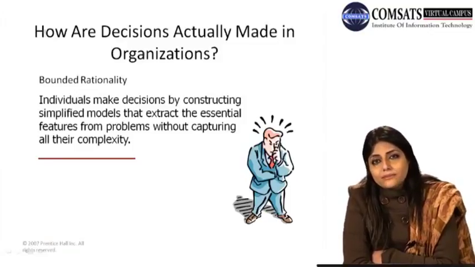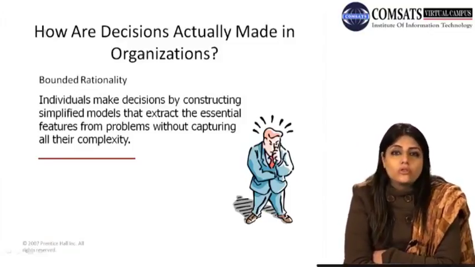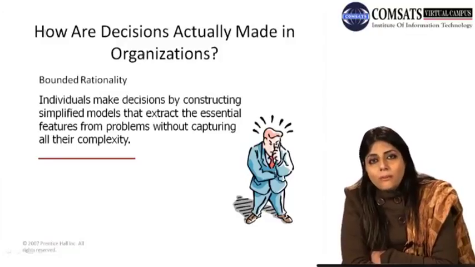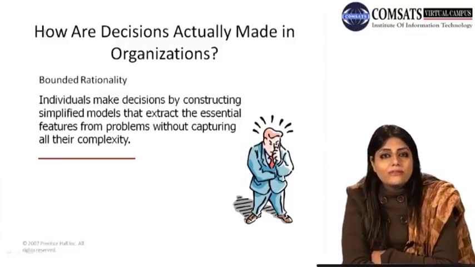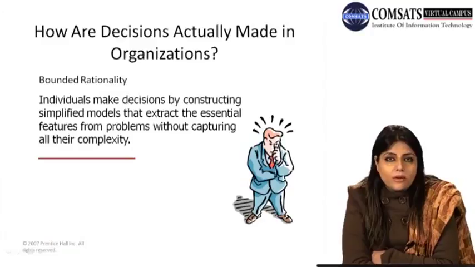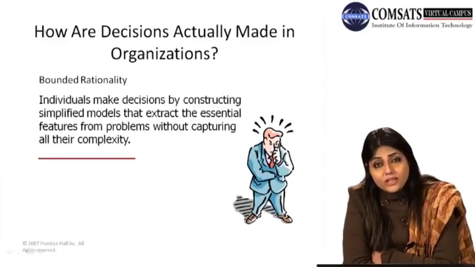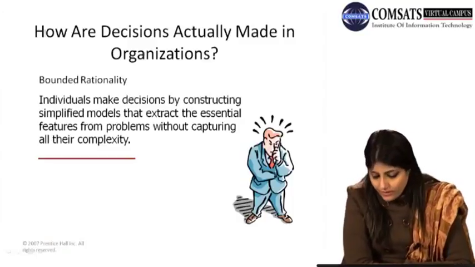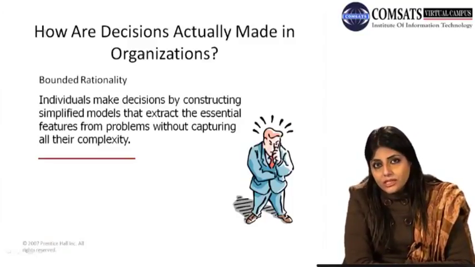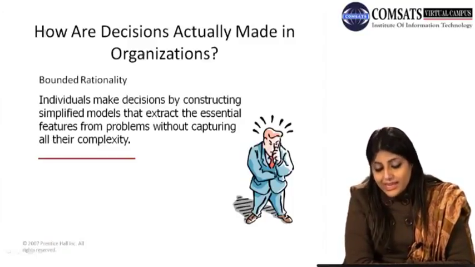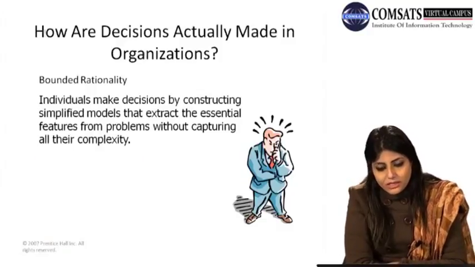Based on that, they cannot make decisions based on all the possible alternatives, but have to choose amongst a few alternatives and from a limited amount of information available. Therefore the decision making is not fully rational; there is some bounding to our rationality, and that is why managers satisfice in their decision making.